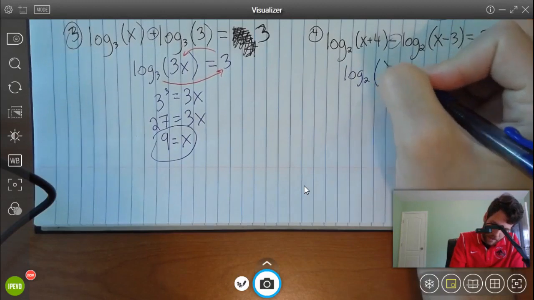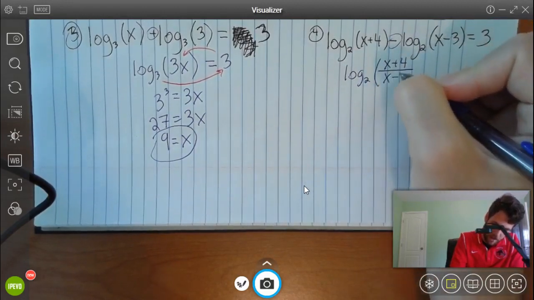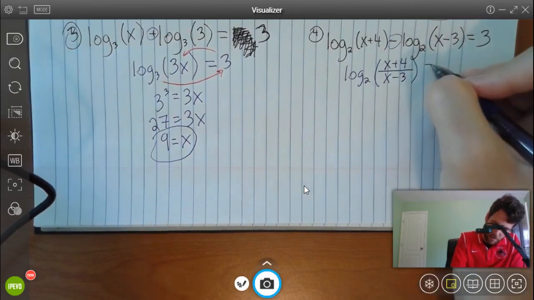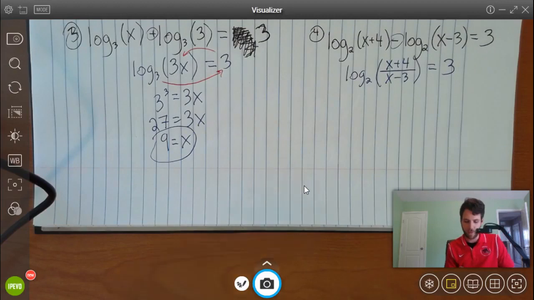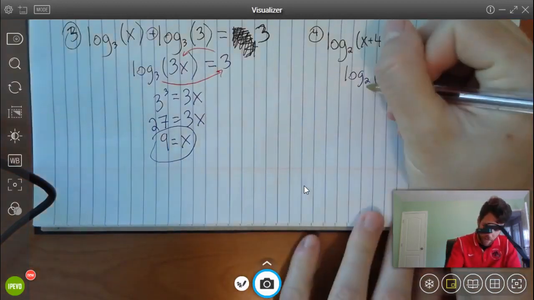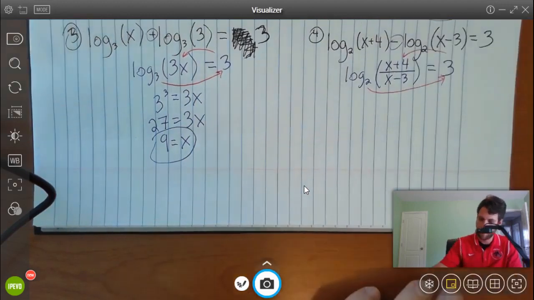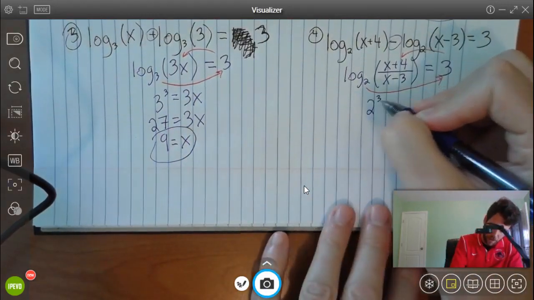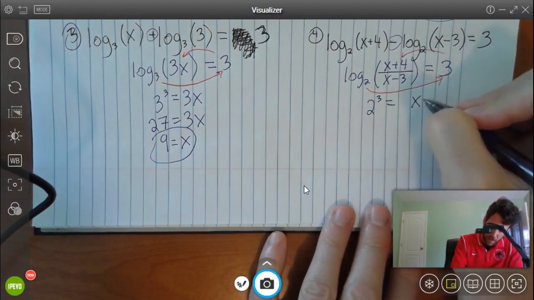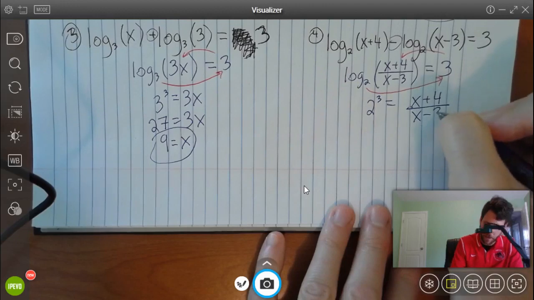We have x plus 4 being divided by x minus 3, all equal to 3. Now that I've done that, I want to convert this to exponential form. 2 to the third power is equal to this fraction. And I can write that out: 2 cubed equals x plus 4 over x minus 3.